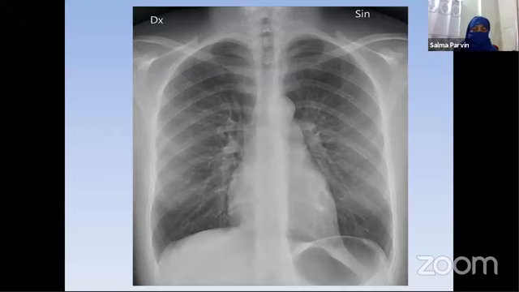Anterior sixth and posterior 10th ribs, you can go through it this way. The anterior ends are like this: first rib, second rib, third rib, fourth, fifth, sixth, seventh. So these are the anterior ends of the ribs.